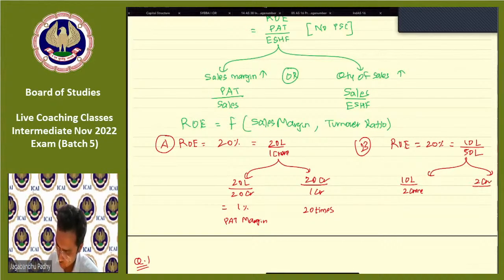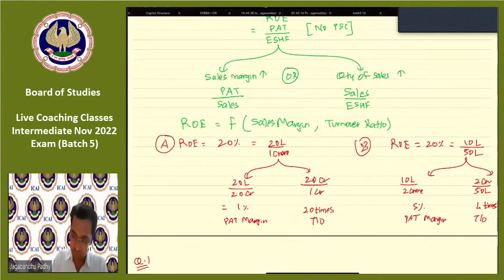And this is like 2 crore divided by 50 lakh. So this works out to be like 5% and 4 times. So 5% is the PAT margin and 4 times is the turnover ratio. Okay, so we're just decomposing the return on equity into two components.